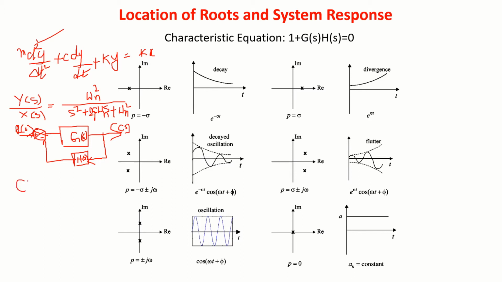Then we get c of s by r of s is equal to g of s divided by 1 plus g of s h of s. This 1 plus g of s h of s, I equate to 0, and I call this the characteristic equation.